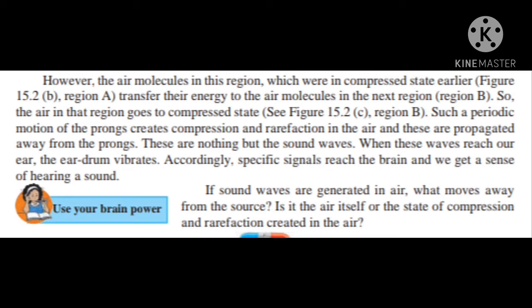These are nothing but the sound waves. When these waves reach our ear, the eardrum vibrates. Accordingly, specific signals reach the brain and we get a sense of hearing a sound. In this way, we can produce a sound with the help of a tuning fork.